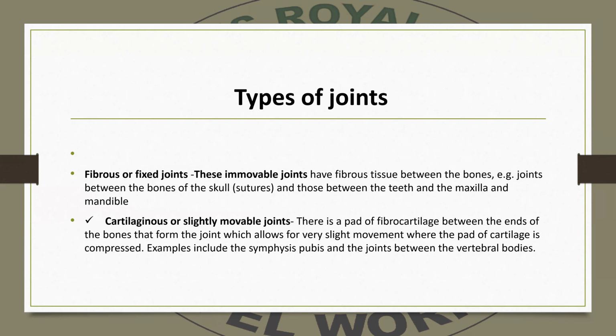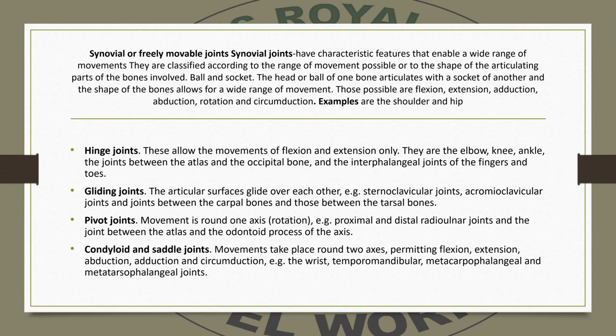Then you've got those that are slightly movable, like the vertebral bodies themselves in the spine, where there are some slight movements. Then you've got the synovial joints, which move freely and have the potential to bend and so on, like the shoulders and the hips.